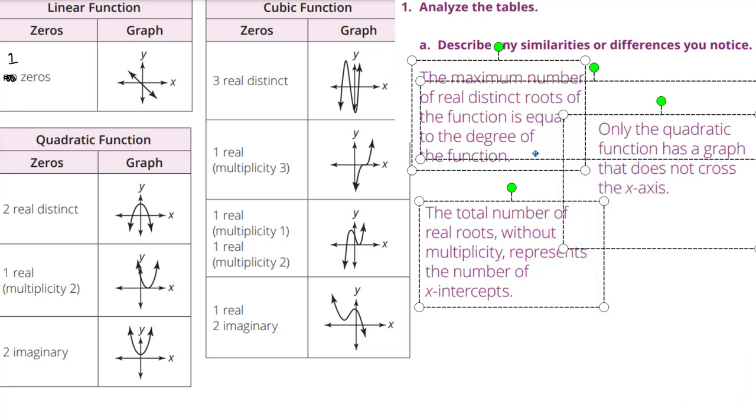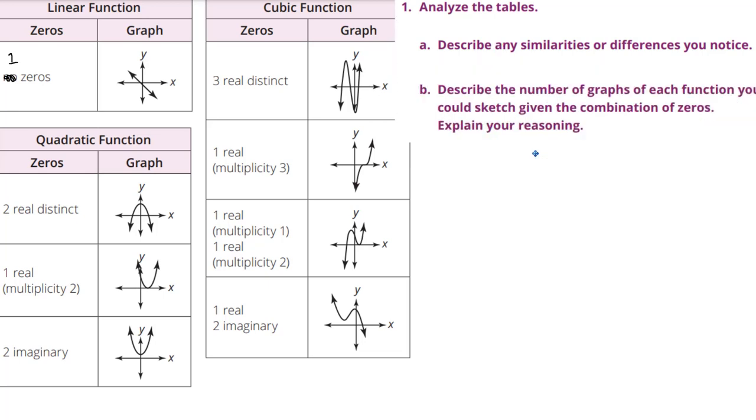Okay, so let's look at it. I want y'all to take and graph each of these in a different way. With 1 zero for a linear, 2 distinct zeros, I want you to graph a different graph for a quadratic.